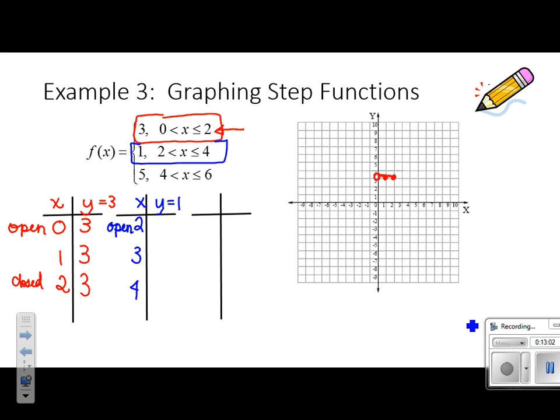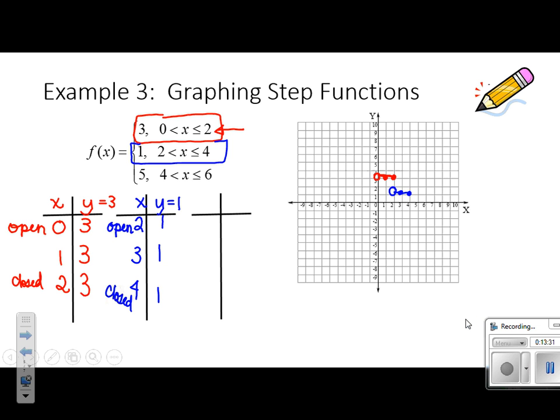And 4 will be a closed circle because we want it less than or equal to 4. And y equals 1 means that no matter what x value you have, this y will always be 1. Then we come over here to our graph. 2, 1, open circle, 3, 1, 4, 1, and make a line.